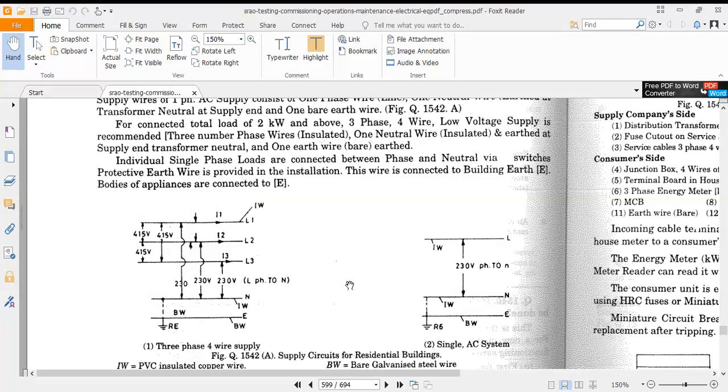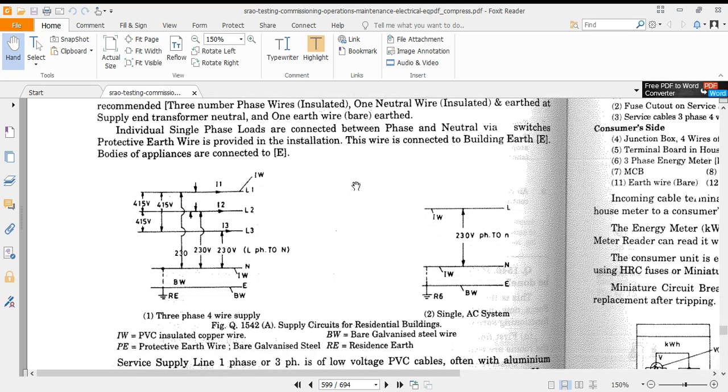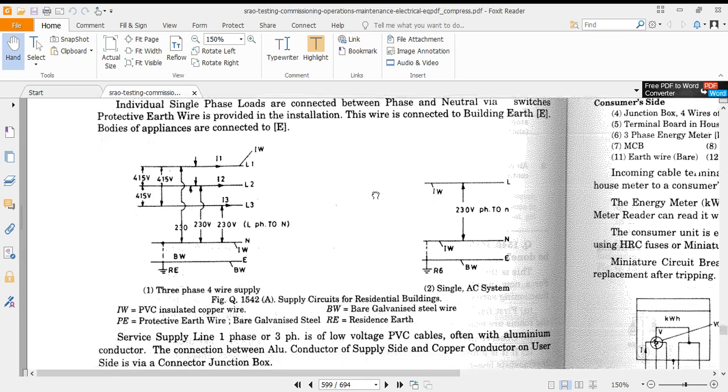For a total connected load of 2 kilowatt and above, a three phase 4-wire low voltage supply is recommended. Three phases and one neutral wire. This is the arrangement. Single phase loads are connected between phase and neutral via switches. A protective earth wire is provided in the installation. This wire is connected to the building earth.